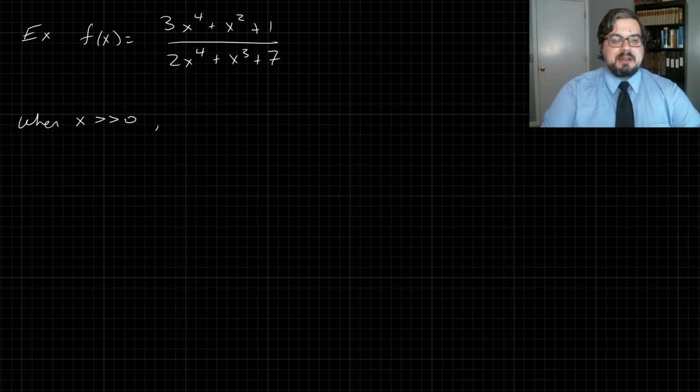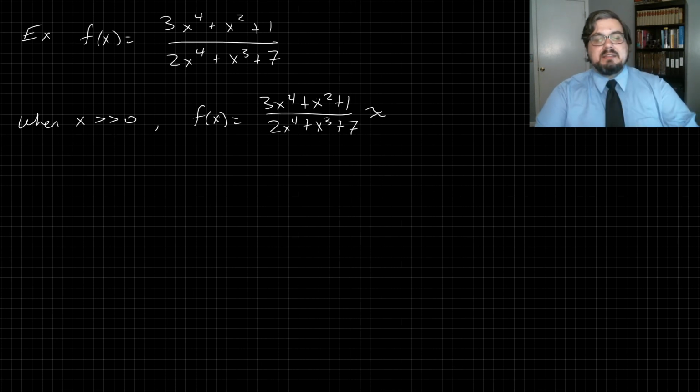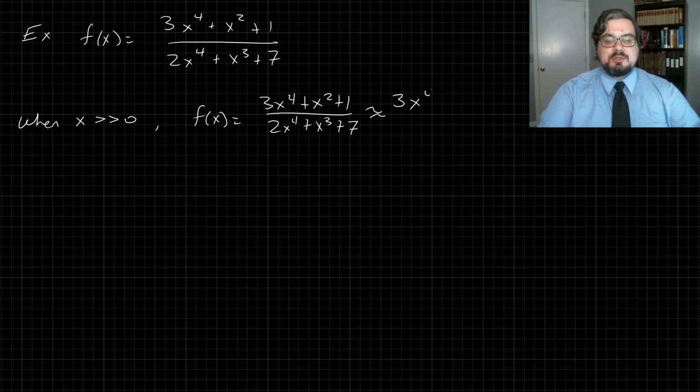When x is very, very large, f of x, which is 3x to the fourth plus x squared plus 1 over 2x to the fourth plus x cubed plus 7, is approximately equal to, and again, the leading terms of these two polynomials are going to dominate the others. So the 3x to the fourth term is going to dominate the x squared and the 1 term. 2x to the fourth is going to dominate the x cubed and the 7.